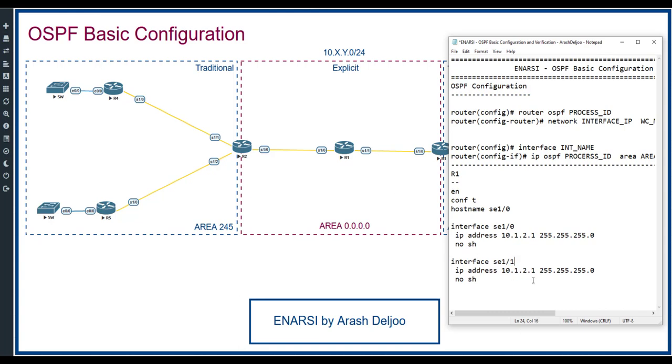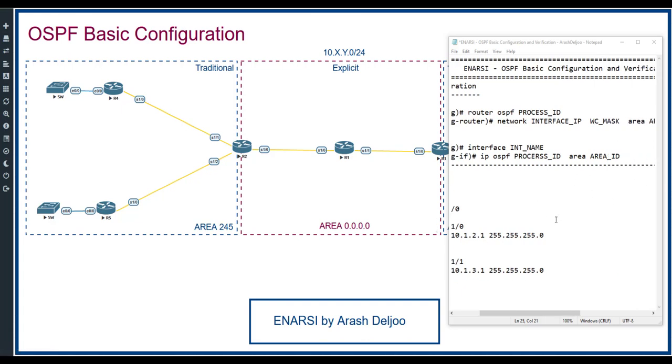The IP address of this interface is 10.1.3.1, because we are using router 1. As you can see, we are using this rule for addressing: 10.x.y.0/24. X is the one side router, Y is the other side router number, and as you can see here, we are using these rules, such as in the previous videos.